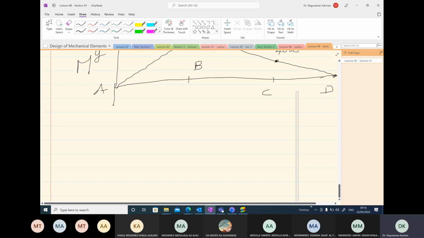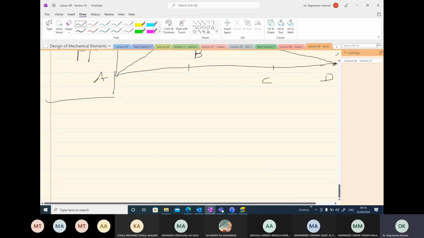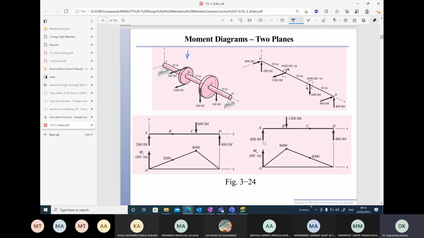Now, for the second problem, what I'm going to do is look at this same problem on the xy axis by looking in the negative z direction.